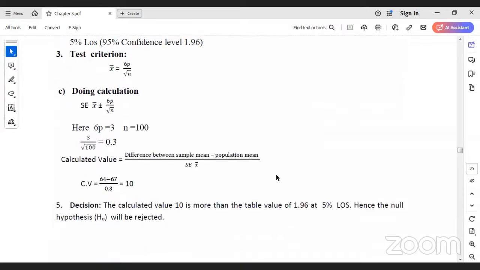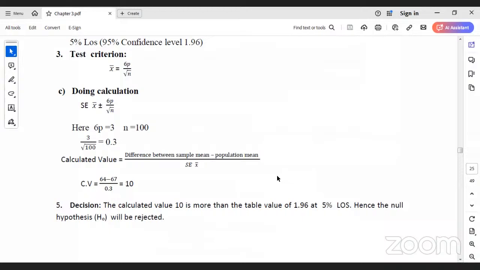Okay. So here calculated value is equal to 64 minus 67 divided by standard error of X bar. We already got the standard error of X bar, that is 0.3. So 64 minus 67 by 0.3, that is 10.